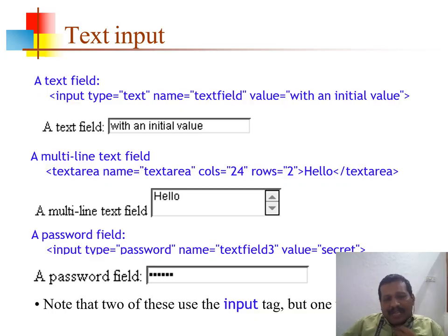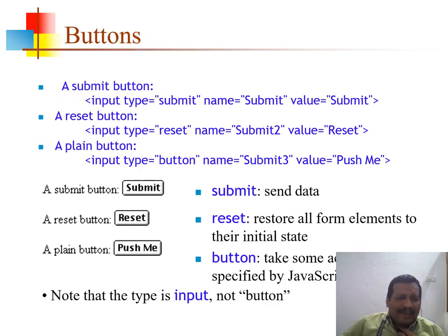In case it is a multi-line text field, you have textarea instead of input type. In case of a password field, you use input type as password. Similarly, you will have a button which helps you to submit the value.